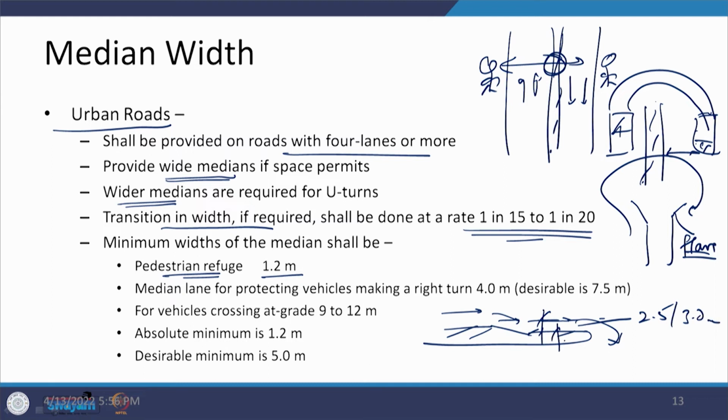And if we talk about this one as minimum 1.2 meters as we said here, so 2.5 plus 1.2 minimum is 3.7. So, what we are saying is a minimum of 4 meters should be provided here at this point. Then absolute minimum is 1.2 meters, whereas desirable minimum is 5 meters.